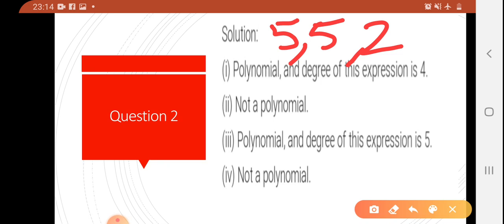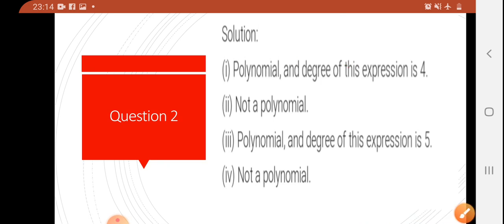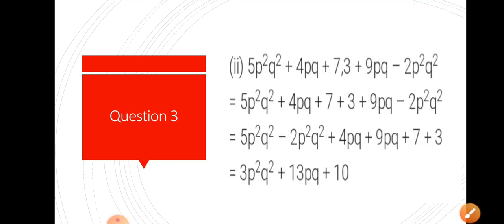Therefore the degree of the polynomial will be 5. Again in the fourth question, xy is in the denominator. Therefore it will have a negative power. Therefore it will not be a polynomial. Coming to question number 3, we have to add the following.